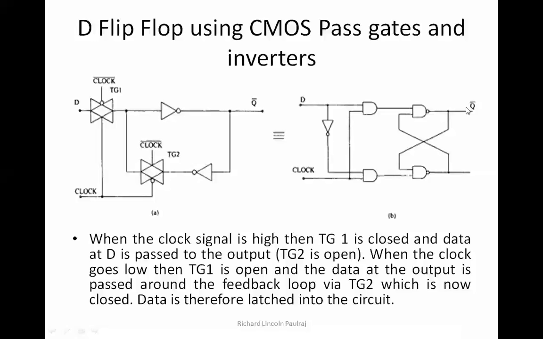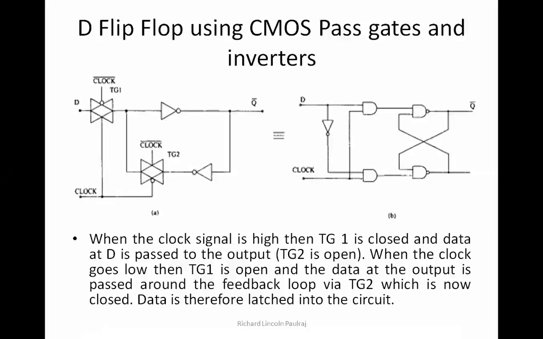So here you will be getting your Q bar and Q. Ultimately, whatever input D is given, you get the same thing at your output, provided with a certain delay. That delay is because of this inverter and these AND and NAND gates.